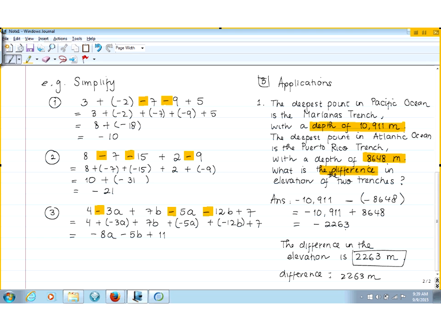I think shorter is easy, but don't leave it like this because you're not answering the question. This is a word problem. So for the word problem, answer using a phrase like this: the difference colon 2263, and include the units. Even on the exam, I would ask you to do that also. Good. Do another one.